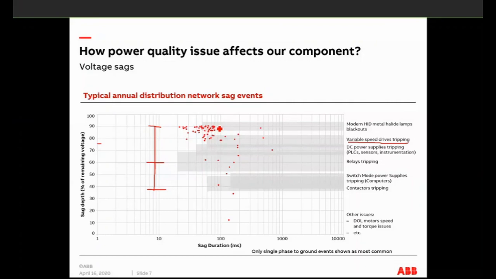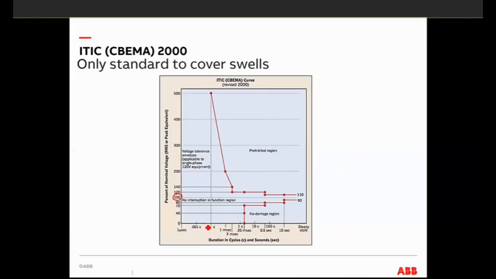ITIC is the Information Technology Industry Council, which is actually the only standard that covers swells. So this means that if our voltage here is at 100%, and there will be some voltage surges, those voltage surges should only last 0.01 cycle.